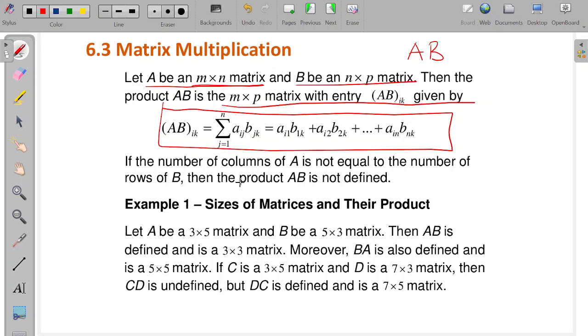Okay. So if the number of columns of A is not equal to the number of rows of B, then the product is not defined.